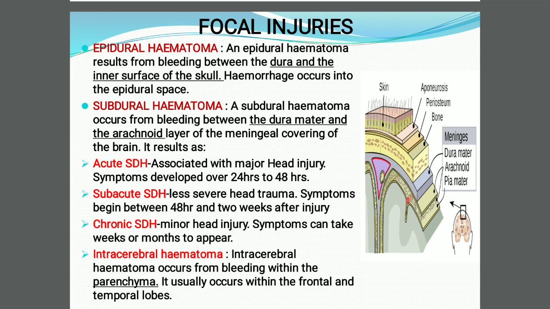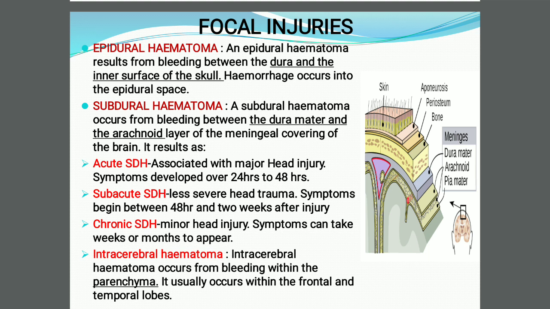So it results as acute subdural hematoma, subacute subdural hematoma, chronic subdural hematoma, or intracerebral hematoma. In acute subdural hematoma, it is always associated with a major head injury. So here the symptoms develop immediately, over 24 to 48 hours.